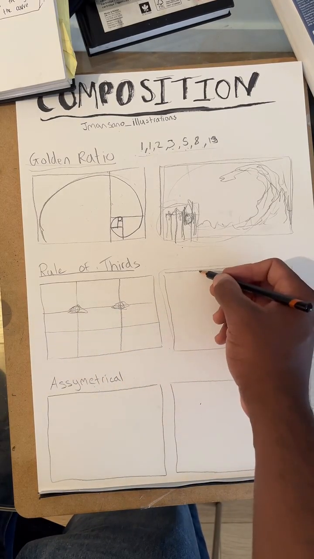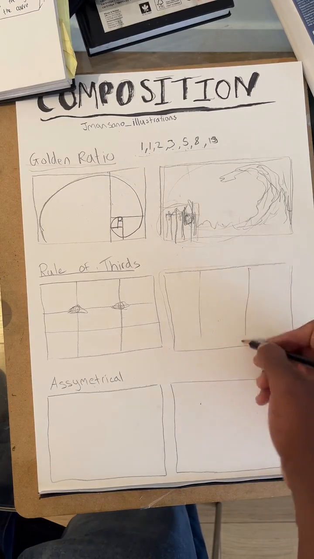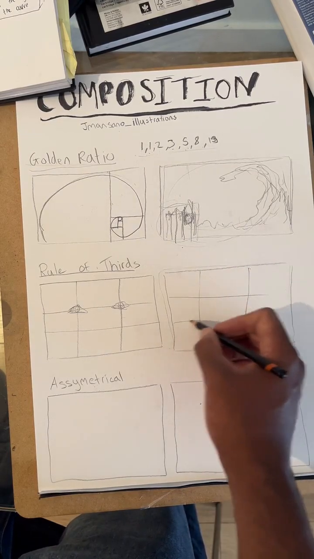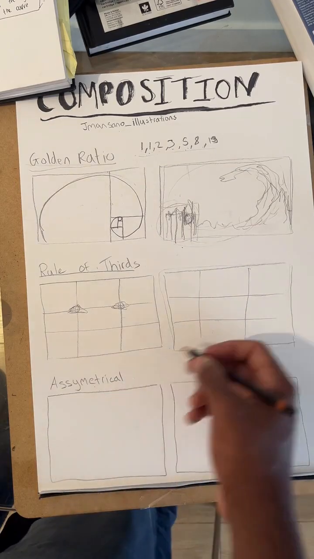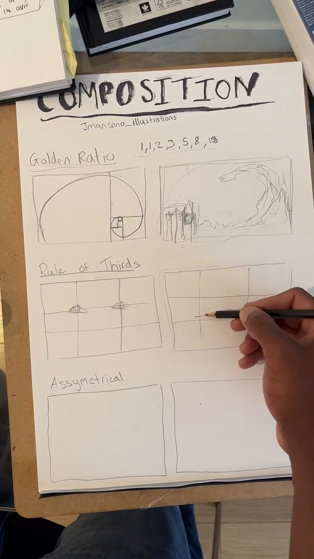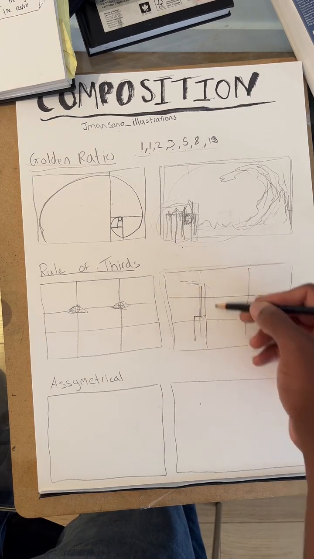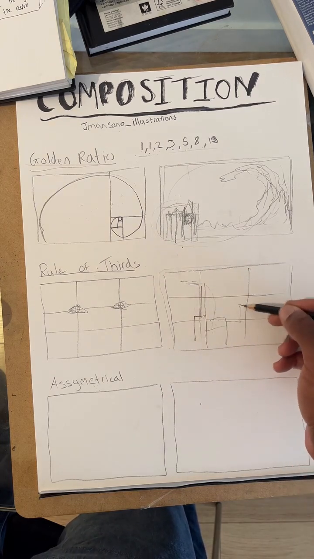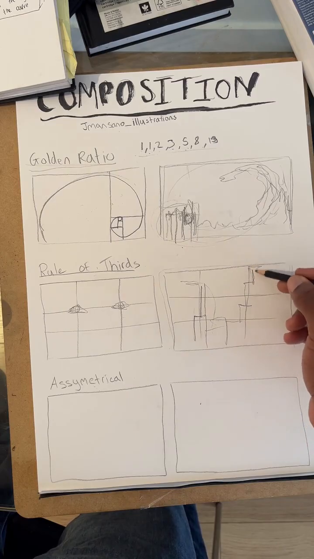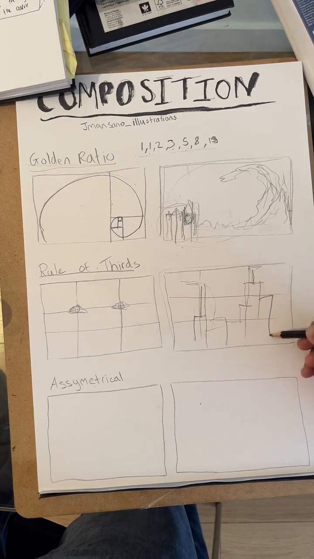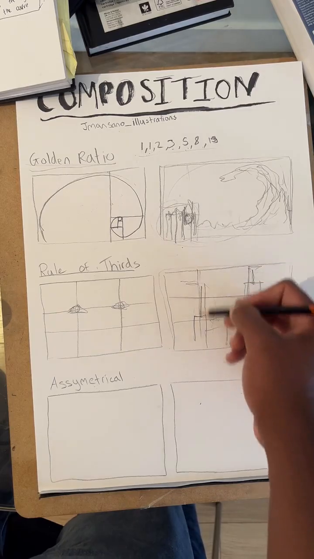Okay, so maybe on this side we'll do a different, better one. Let's see, we've got a building here, and you want everything to rest on this part of the building, this part of the line.